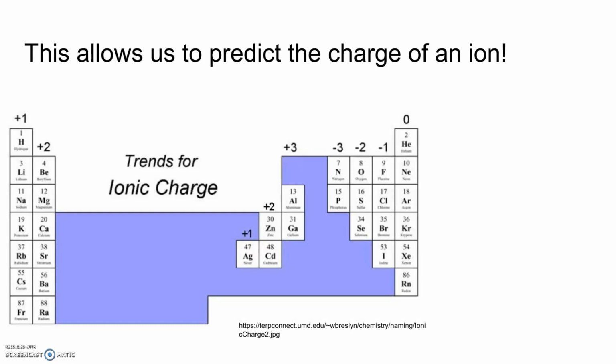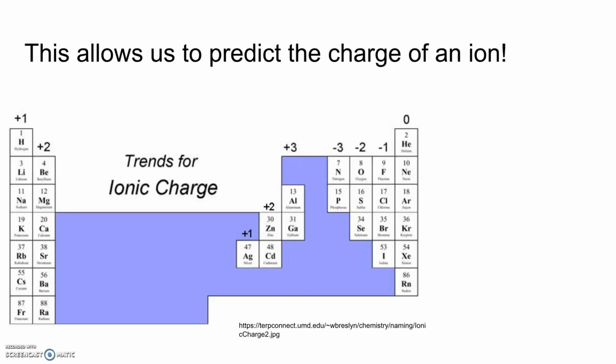But aluminum and gallium, those are both +3 charges. You'll notice that in the middle there are some transition metals that have the same charge every single time. You're going to learn about those more later, and I'm going to have you make sure that you memorize those 3. But don't worry about it for right now. We'll talk about it more later.